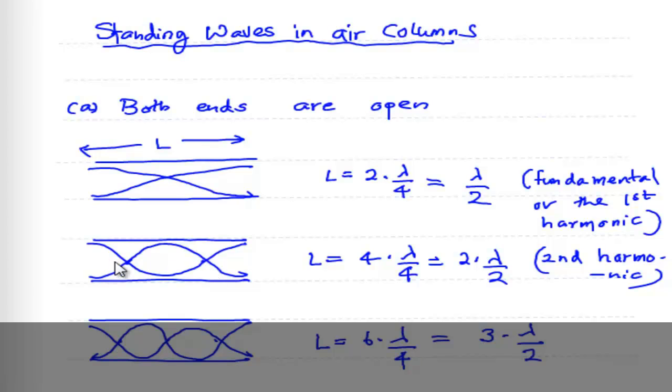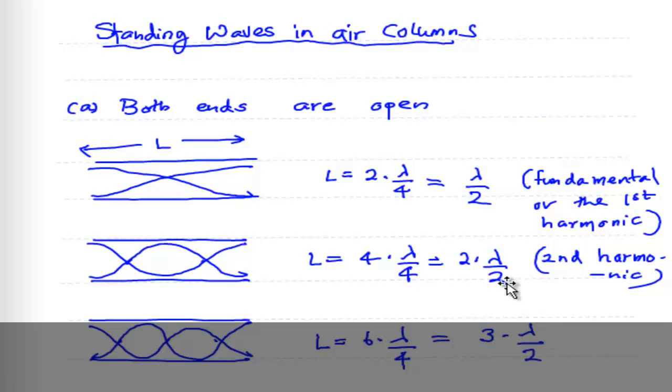This 1, 2, 3, 4. And that's equal to 2 times lambda over 2. And the third harmonic would be 2 complete loops plus 2 half loops. So it's 2, 4, 5, 6 quarters, or 6 times lambda over 4. So that's 3 times lambda over 2.